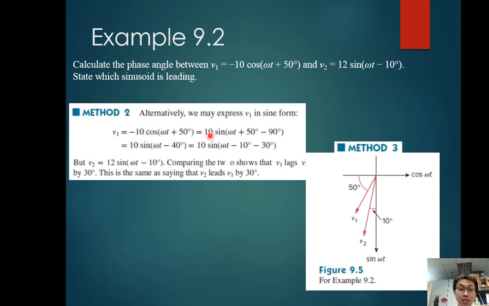It becomes 10 I copy, sine I change, omega t I copy, 50 I copy, and from negative and cos function to sine function, it is negative 90 degrees. So adding up, I have 10 sine(omega t minus 40), and I need to compare with omega t minus 10. I copy 10, sine, omega t, negative 10, and I know that I'm still lacking negative 30 to become negative 40.